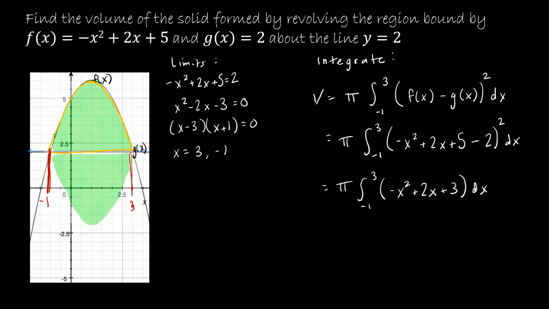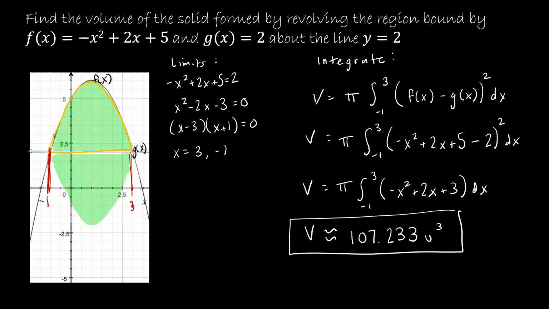And I'm not going to show any more work besides that. I'm just going to let my calculator do the work just for the sake of time, and so my volume is approximately 107.233 cubic units.